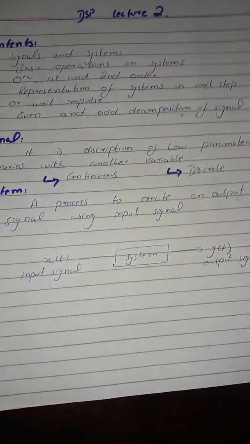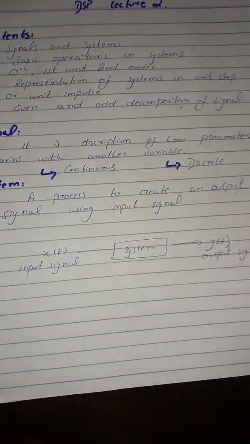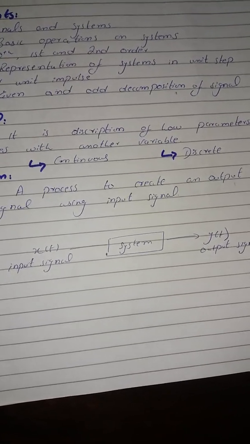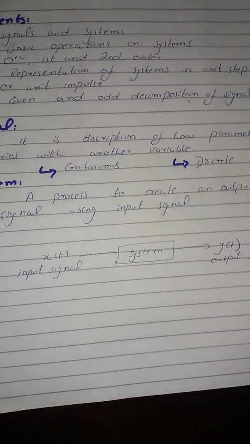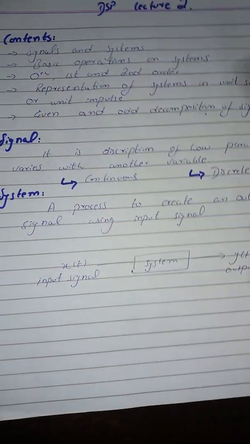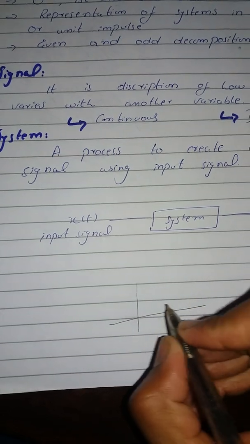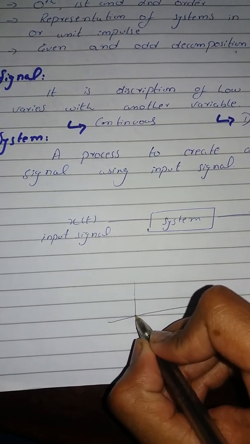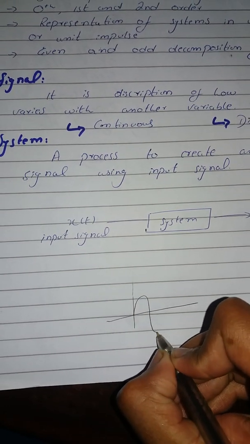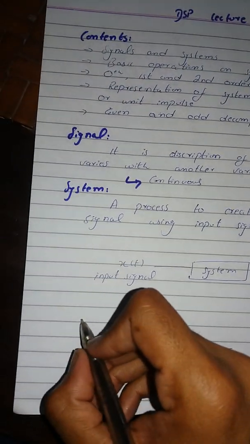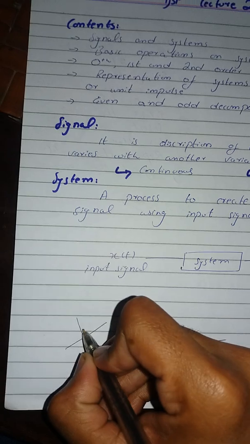We can represent a signal in two ways, a continuous signal and a discrete signal. In a continuous signal we have infinite values over an interval, and for a discrete signal we have discrete values.